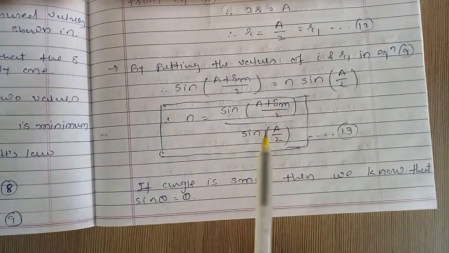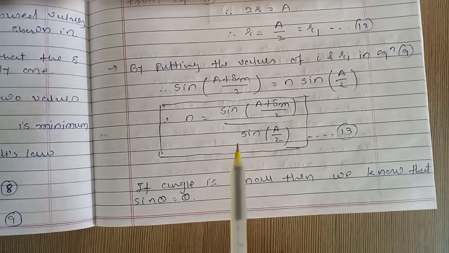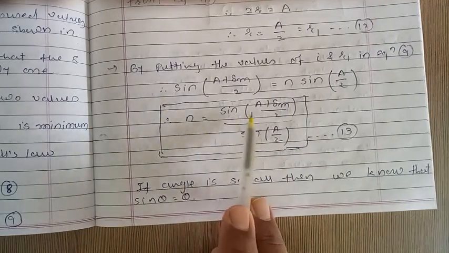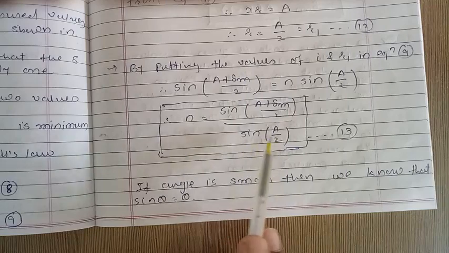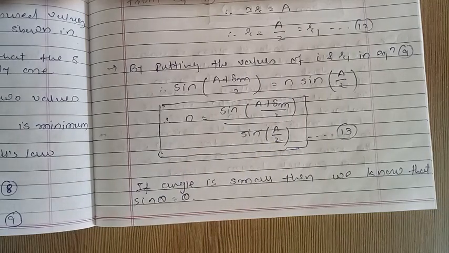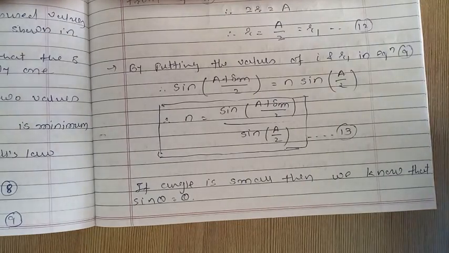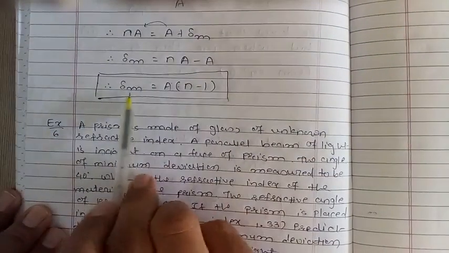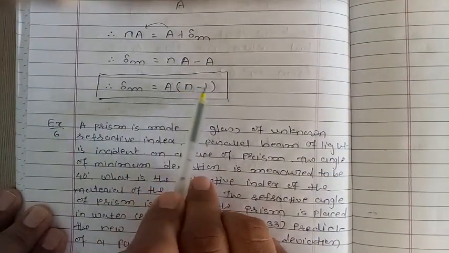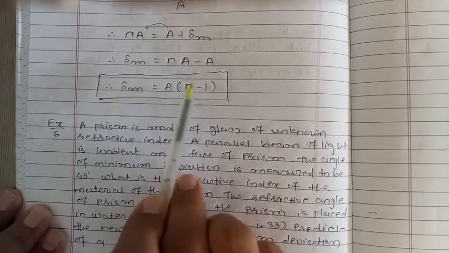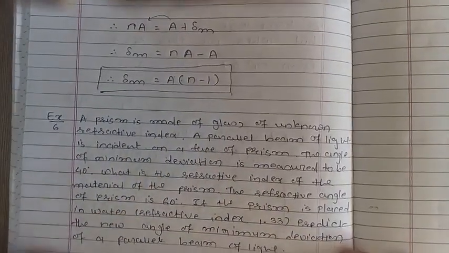But if the first medium is not air, then n21 is equal to sin((A plus del m)/2) upon sin(A/2). I repeat, n21 is equal to sin((A plus del m)/2) upon sin(A/2). And our last formula is del m is equal to A into (n minus 1), or del m is equal to A into (n21 minus 1).